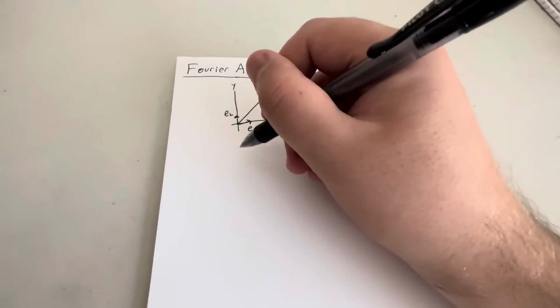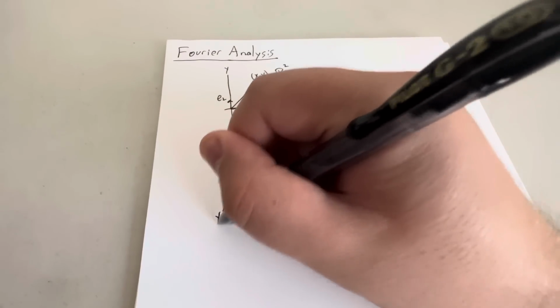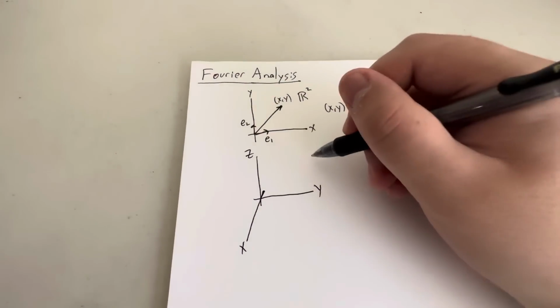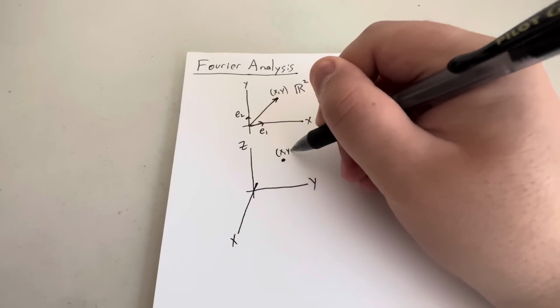We can do the same thing in R3. So my x-axis, y-axis, z-axis, this is R3. And we have a point floating here in space.